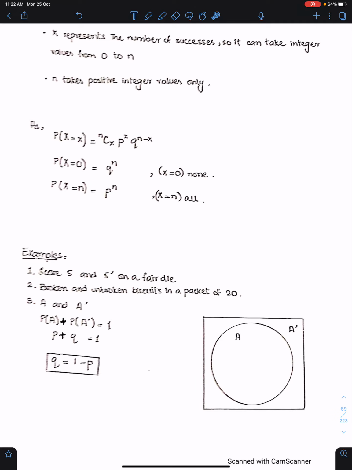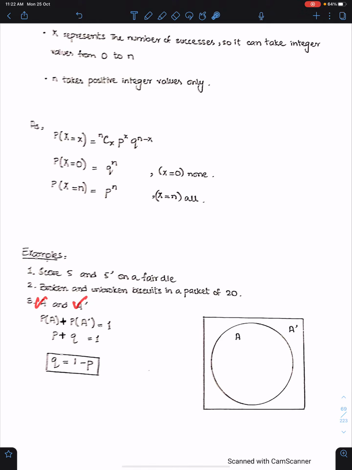Examples for binomial model. Score 5 and 5 complement on a fair die. This is one of the best examples for binomial model. If this is success, then this will be failure. Broken and unbroken biscuits in a packet of 20.